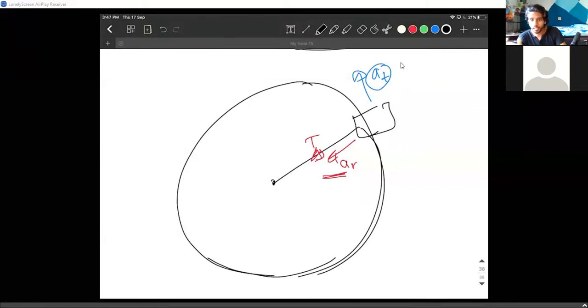Aniket has typed a big doubt. Sir, Raghav is asking that during turning in banking of roads, we cannot always rely on the static friction because of external factors such as rain. Raghav is asking a very good doubt, and we will be discussing a lot about it right now.